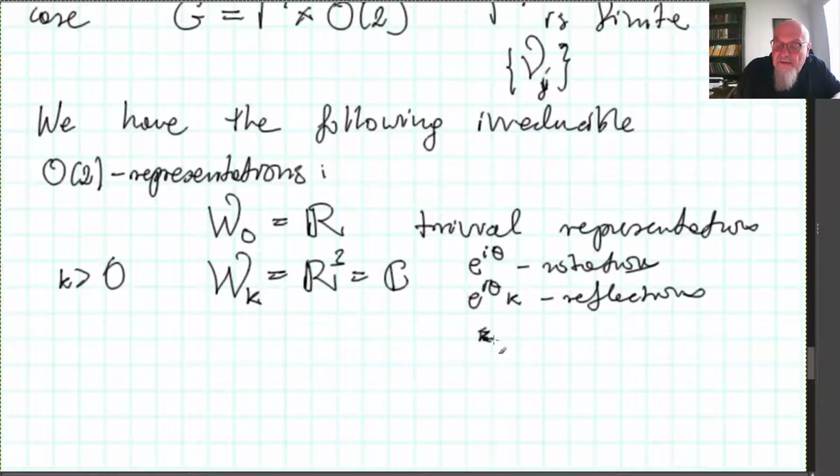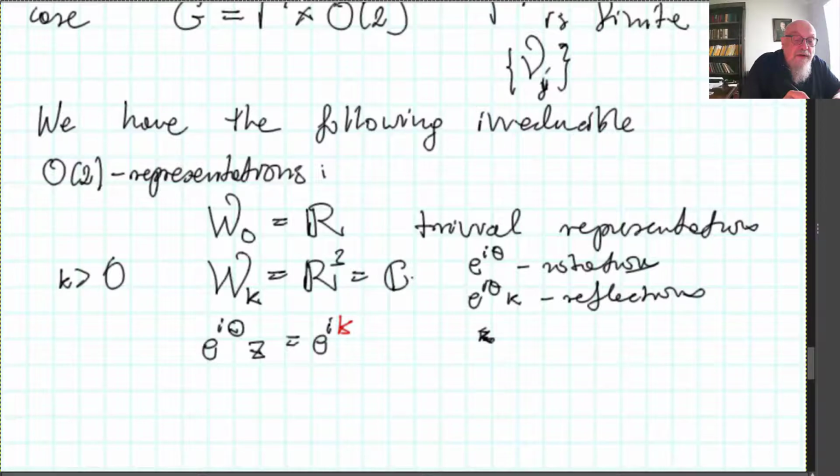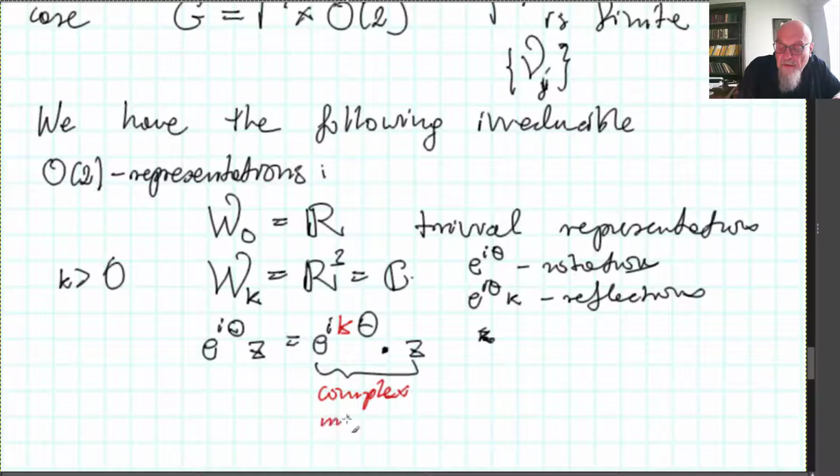And of course, in our case, e^{iθ} acts on z from C. So this will be e^{ikθ}, maybe clearly I should use k, you see k put here. And this will be e^{ikθ} times z, and that one is complex multiplication.